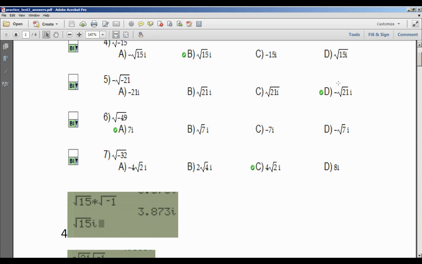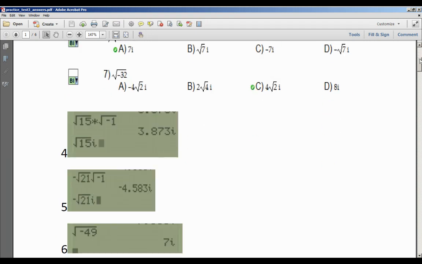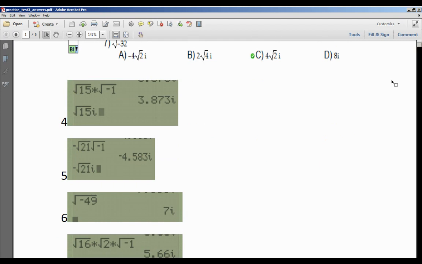It's the negative of the square root of 21 i. If you look at what I've done here, I've written the negative square root of negative 21. The square root of negative 21 I've written as positive 21 times the square root of negative 1, which is the letter i. So you still get the negative sign. You've got the square root of negative 1 and the i is outside. Many times that i is written in front.